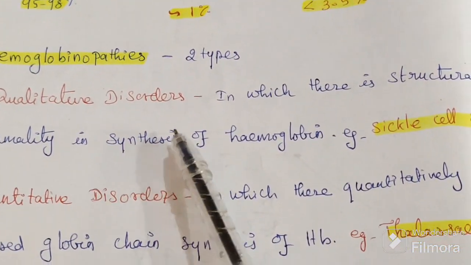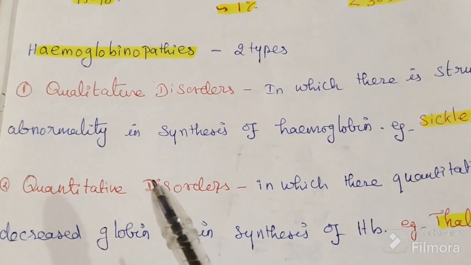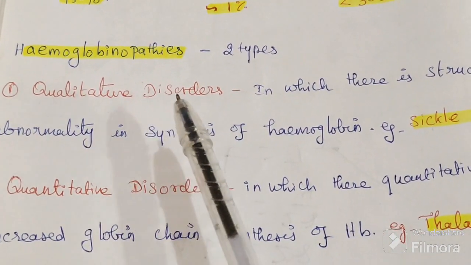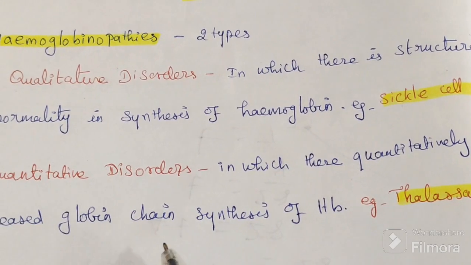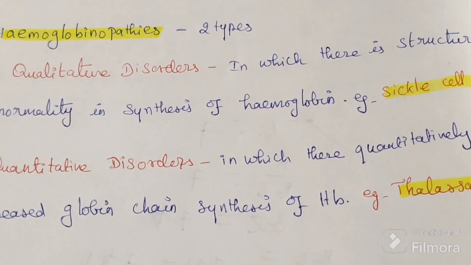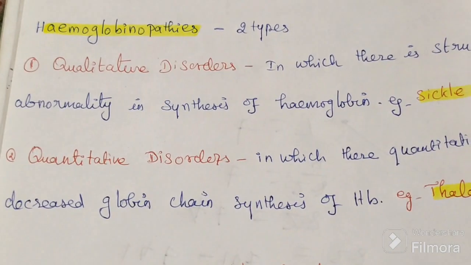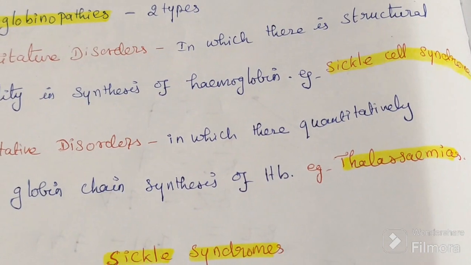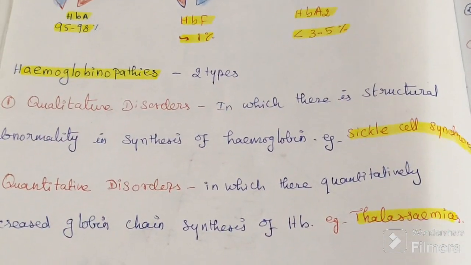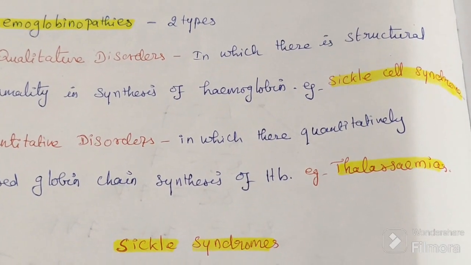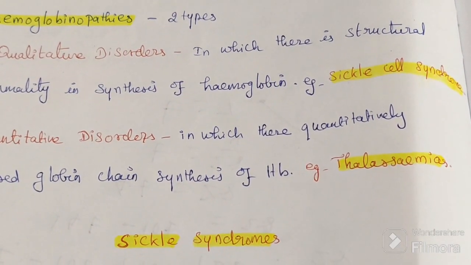So with structural changes but normal quantity, it is called a qualitative disorder. A quantitative disorder means the synthesis is reduced, while the structure is normal. Example, thalassemias. So there are 2 types of hemoglobinopathies, qualitative and quantitative.